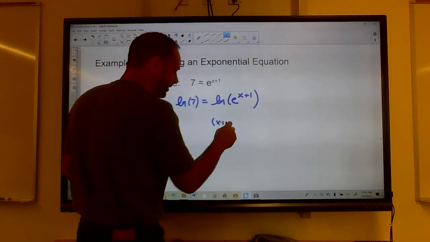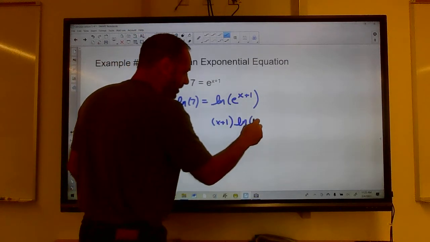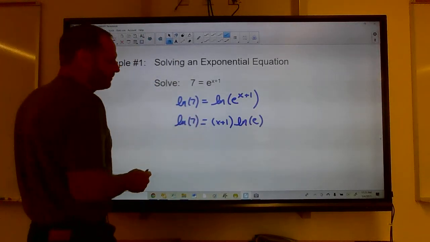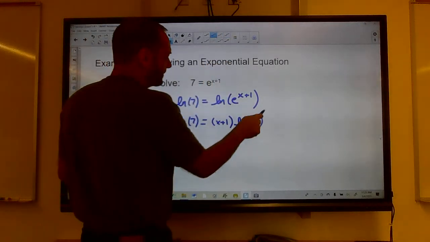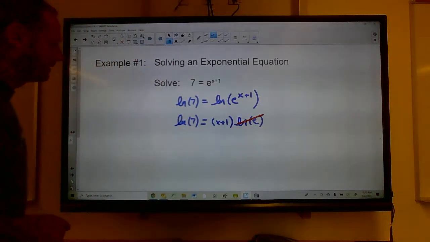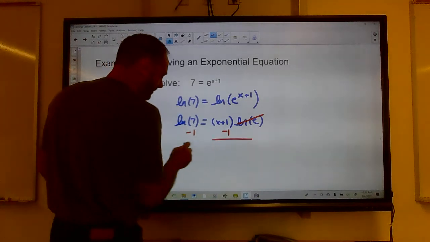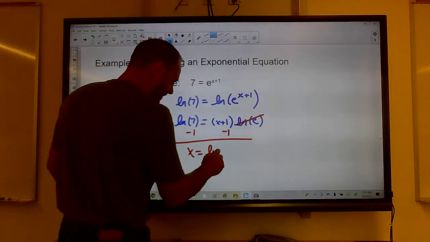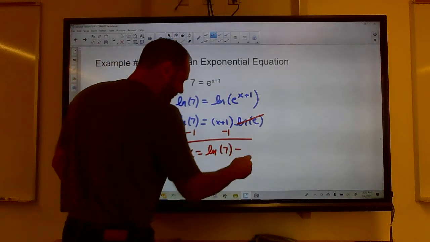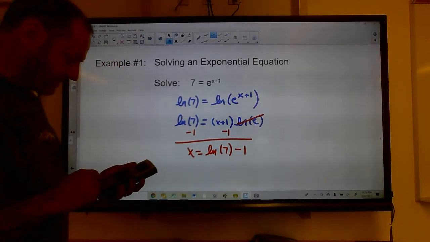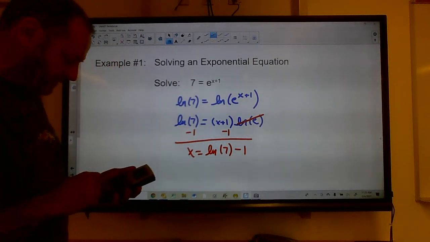So this is x plus 1 times natural log of e. But the natural log of e is just 1, so this cancels. And now I can just subtract 1 from both sides, and I get x equals the natural log of 7 minus 1.